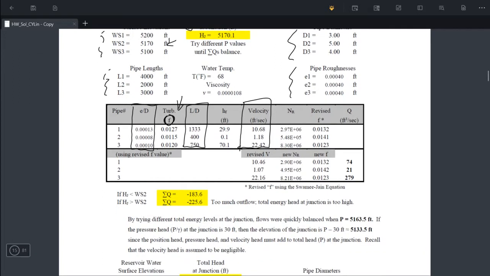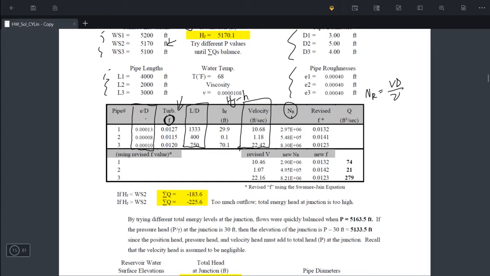Okay, and the friction head loss is equal to Hj minus H. After you solve this velocity, we are able to calculate the Reynolds number, because the Reynolds number is equal to Vd divided by the dynamic viscosity.